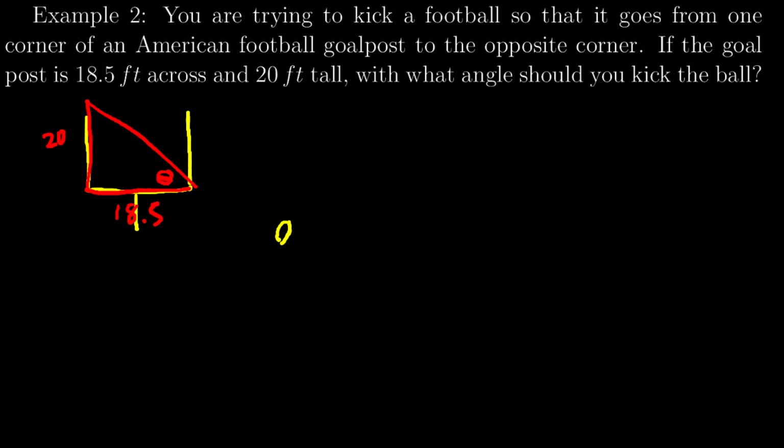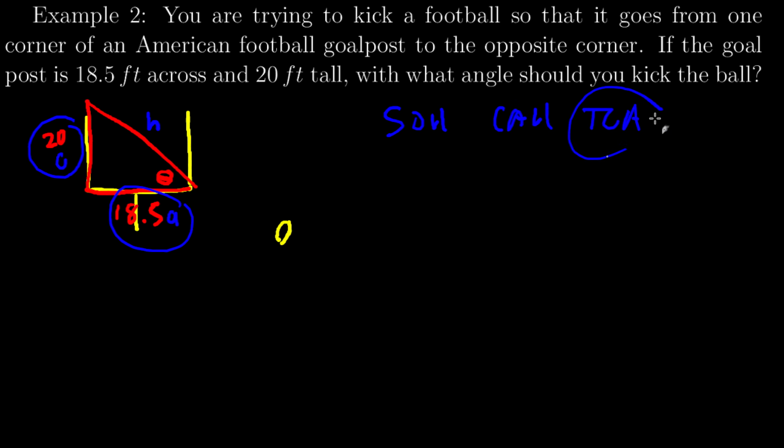And just like before, I'll mark the sides. So here's my hypotenuse, there's my opposite, there's my adjacent. I have the opposite, I have the adjacent. So when I look at toa, the one with opposite and adjacent is tangent.